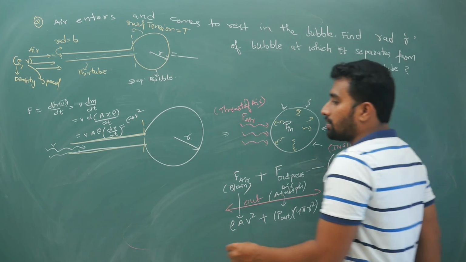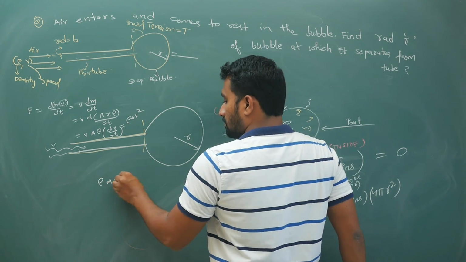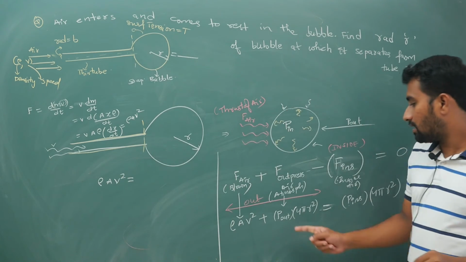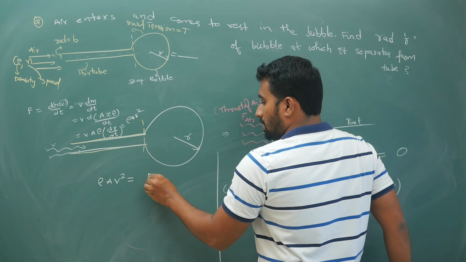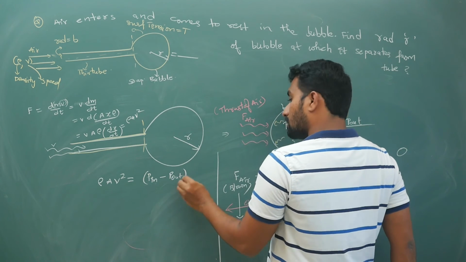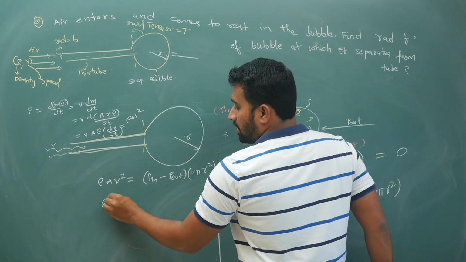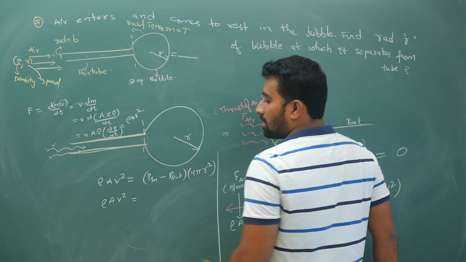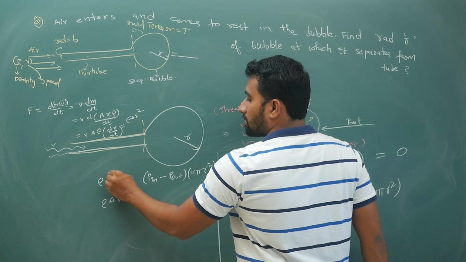So if you do that, rho A v square is equal to P in minus P out times 4 pi r square. But what is the area of cross section in rho A v square? It is pi b square.